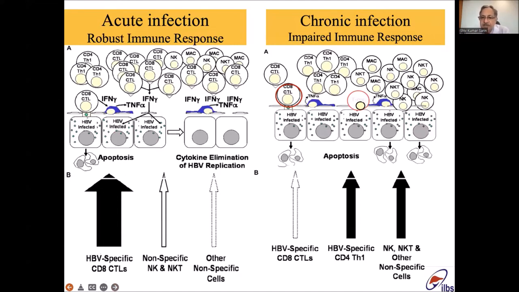Now in chronic infection, the virus is present, but the CD8 CTLs are not there. Instead, you have CD4 cells or T regulatory cells, Tregs. They inhibit the immunity. So you have CD4, NK cells, all other cells, but not CD8. They are exhausted.